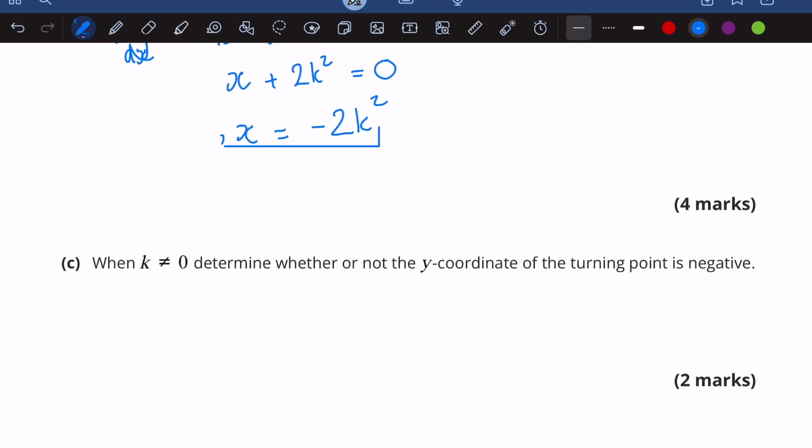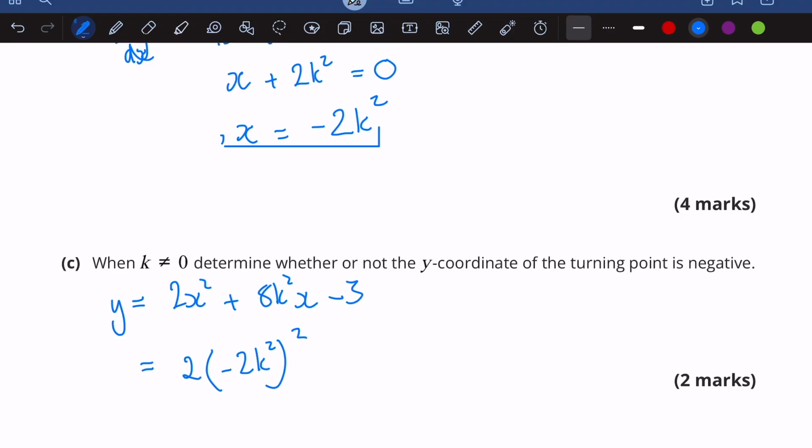So let's take the original equation again, 2x squared plus 8k squared x minus 3, and we're going to replace x with -2k squared because that's what we found earlier. So you're going to get 2 times (-2k squared) squared, plus 8k squared times -2k squared, minus 3. Got to keep track of those squares.